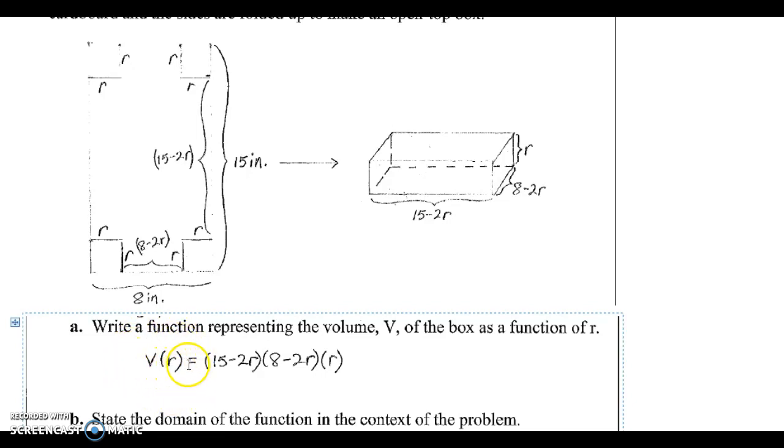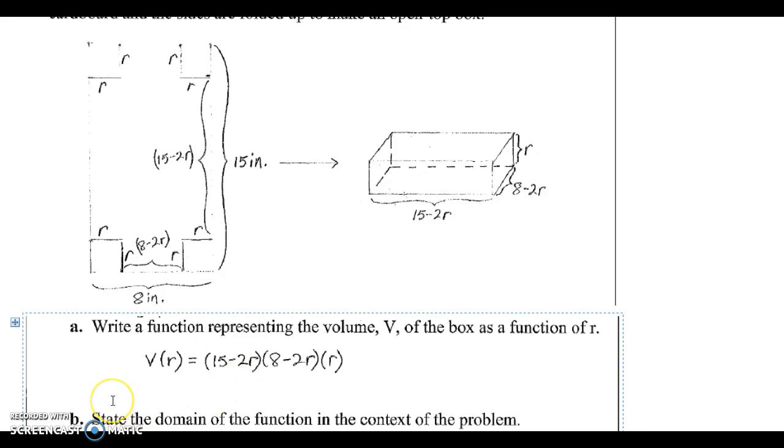The volume with respect to R equals the length, 15 minus 2R, times the width, 8 minus 2R, times the height, which is R. No need to distribute any of that out, it just said to write the function, it didn't say it had to be in any particular form, so you're good to go with that answer right there.